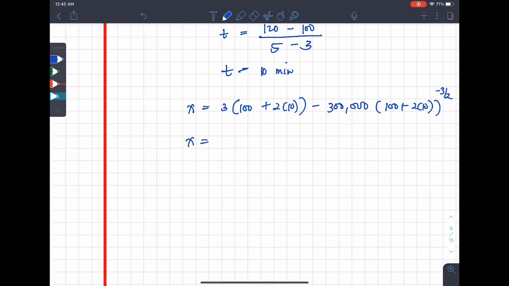So x would be equivalent to 3 times 120 minus 300,000 times 120 raised to negative 3 over 2.